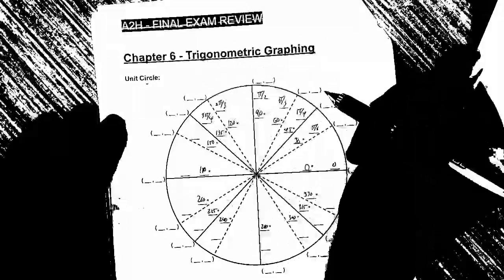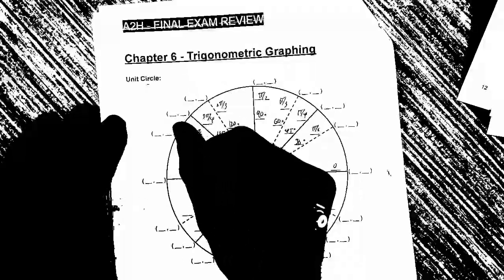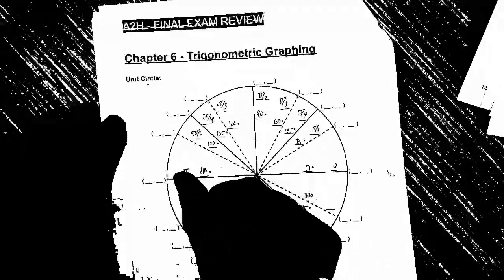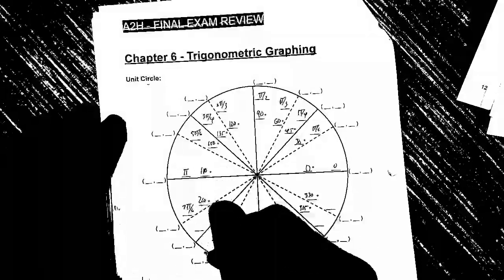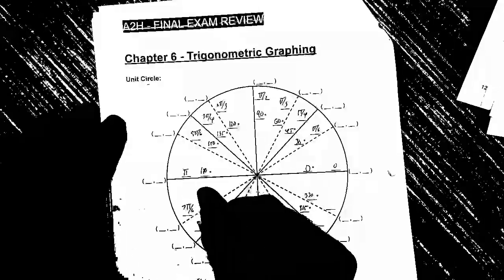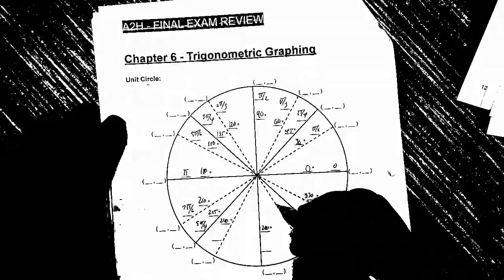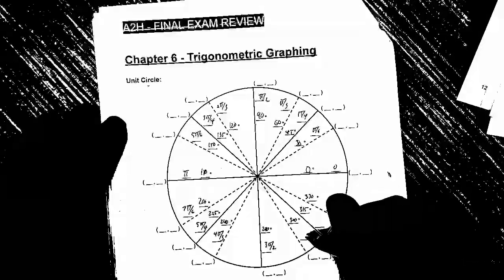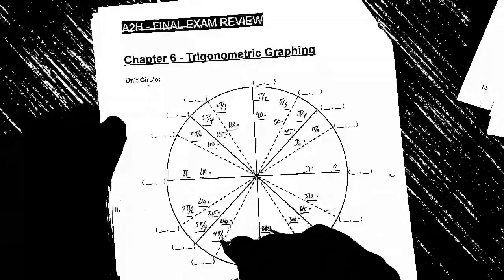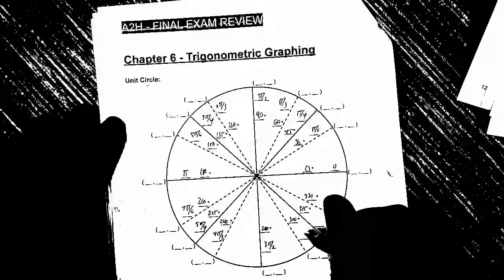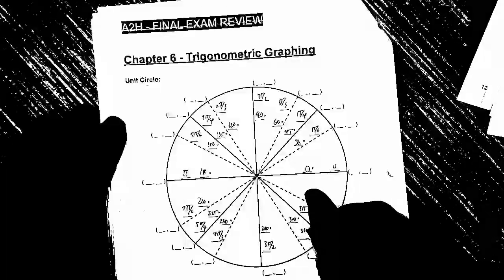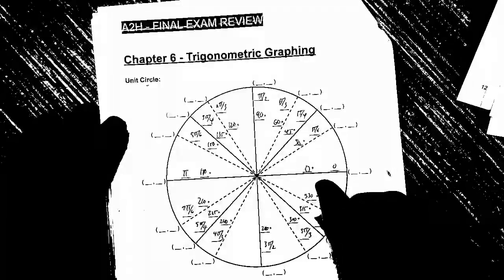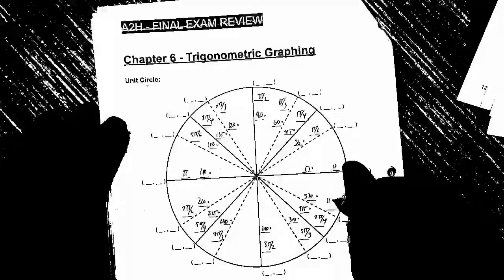2 pi over 3, 3 pi over 4, 5 pi over 6, pi, 7 pi over 6, 5 pi over 4, 4 pi over 3, 3 pi over 2, 5 pi over 3, 7 pi over 4, and then 11 pi over 6.